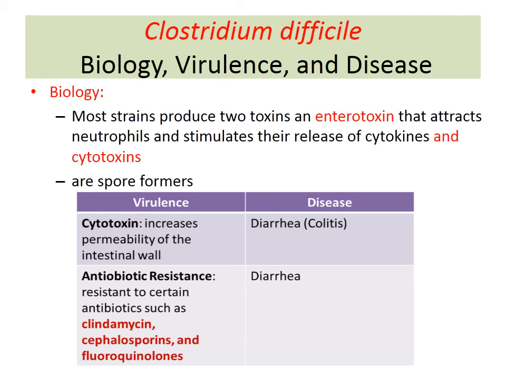And again, this cytotoxin will increase the permeability of the intestinal wall. Remember, one of the most important functions of enterocytes, intestinal cells, is that they are a barrier. They hold your water and salt. That is one of the prime functions of enterocytes. So there's a barrier there. If it breaks, then you will have colitis and diarrhea.